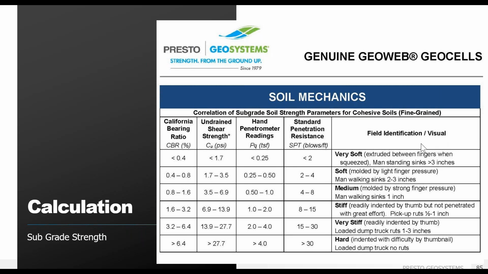So if you look at this chart here, there are different field IDs. So if you see a medium, a man walking sinks an inch, you tell me that. I can get a CBR off of that, and we can provide an evaluation for you based on that field identification. So, like I said, if you're interested in that, please let me know, and I can send those over to you.